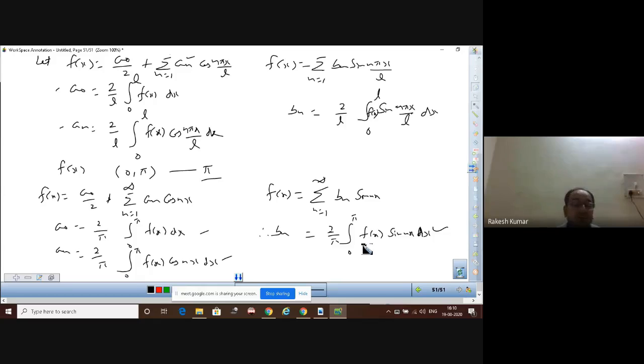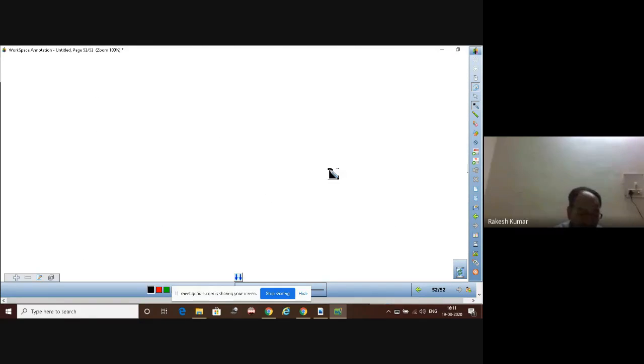So this will be the Euler constant in case of the Fourier series with the interval 0 to pi. So there are small changes for the different intervals. Now let us start with an example. Find the half range sine series for the function f of x equal to 100 in the interval 0 to L.